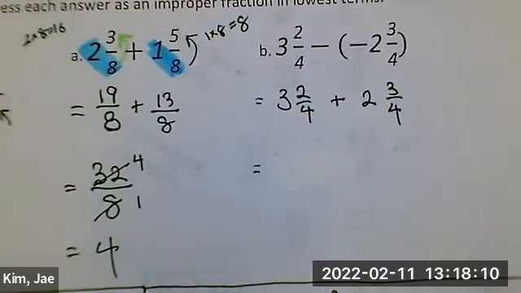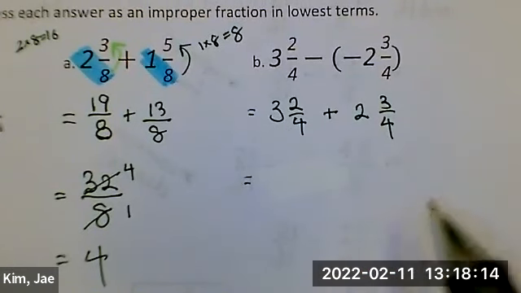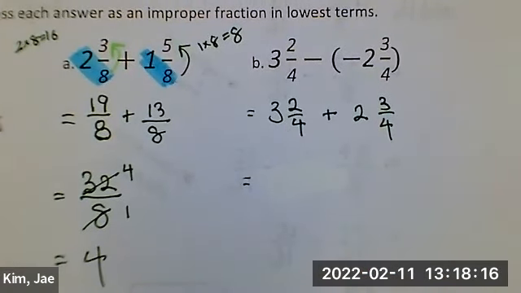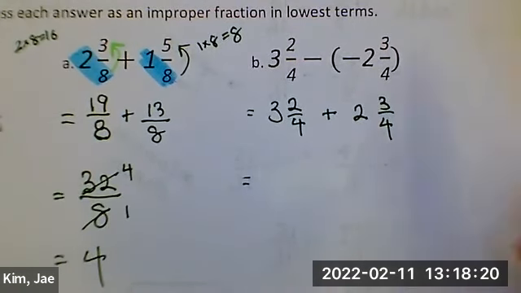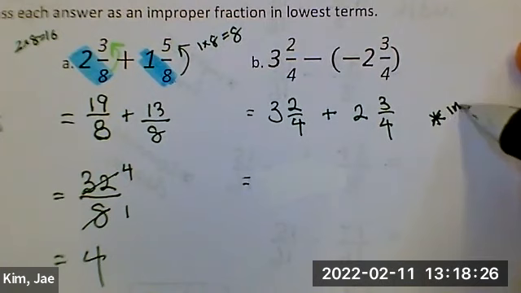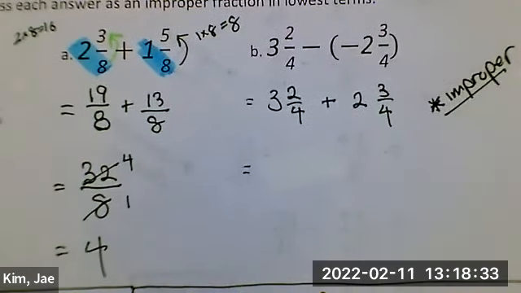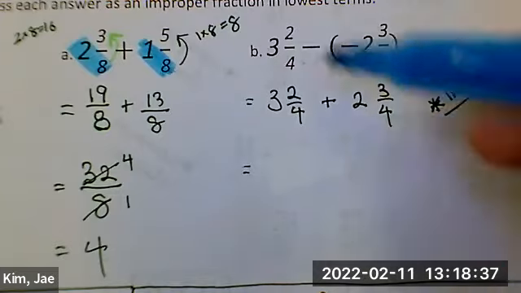So the question given is, here's a mixed fraction adding to another mixed fraction. You probably learned how to deal with that already, but I am forcing you to change this into an improper fraction. First thing I want you to do is change this into improper fractions. How do we do that? Pay attention here, everybody.